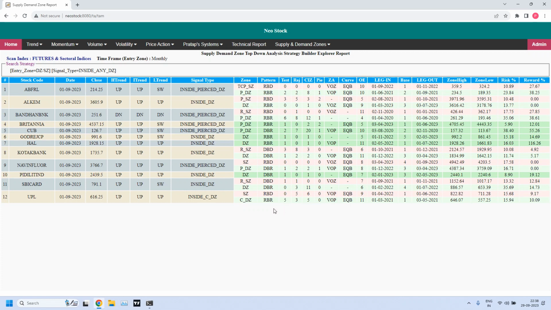There I explained this C underscore DZ or C underscore SZ. They are the topmost priority high liquidity zones, and they work very well in quarterly and monthly time frames.